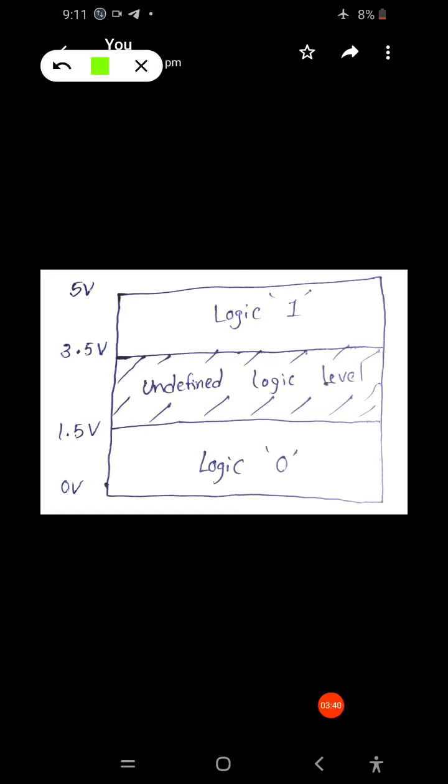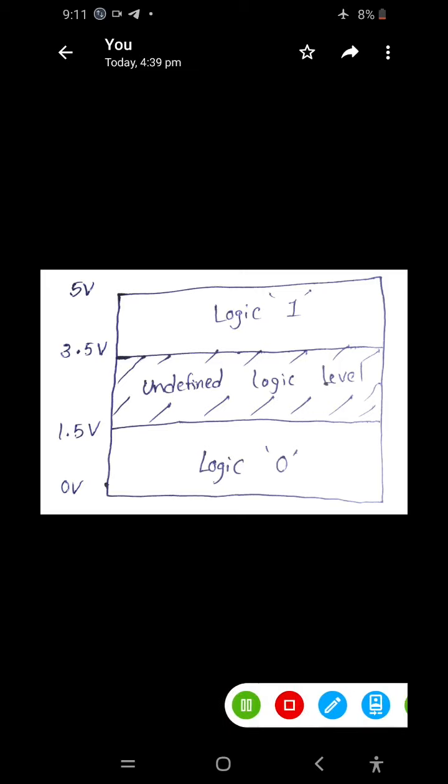So that is regarding logic levels. Always 0 to 1.5 volts indicates logic 0, and 3.5 volts to 5 volts indicates logic 1. The middle one is called the undefined logic level.